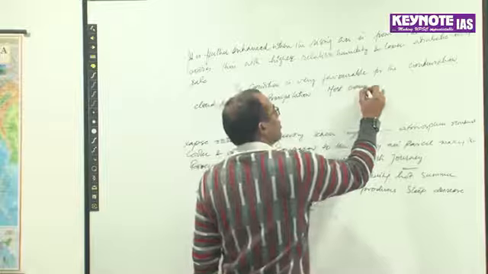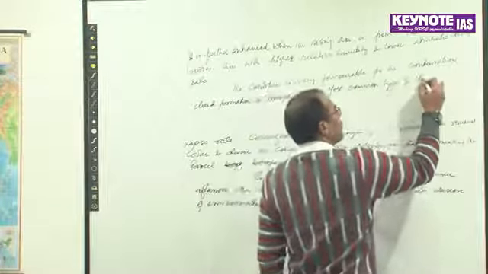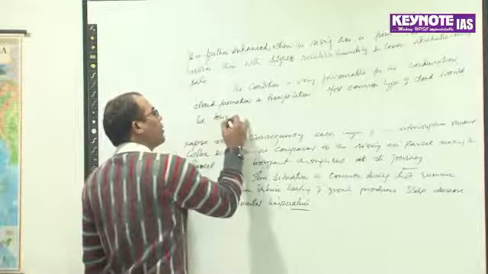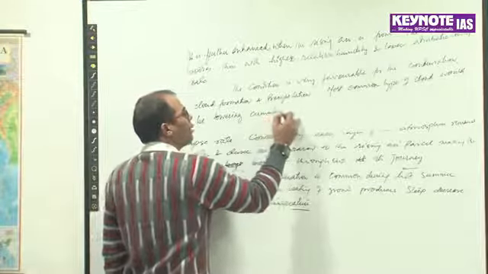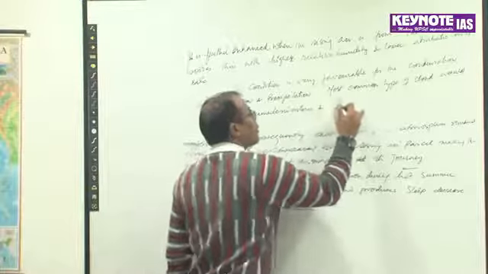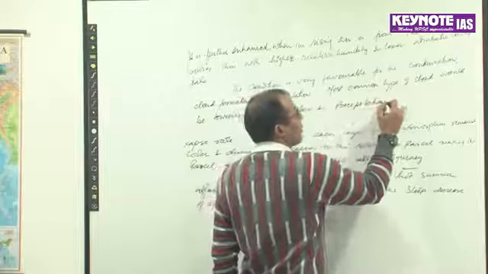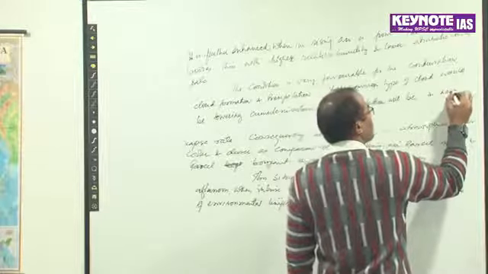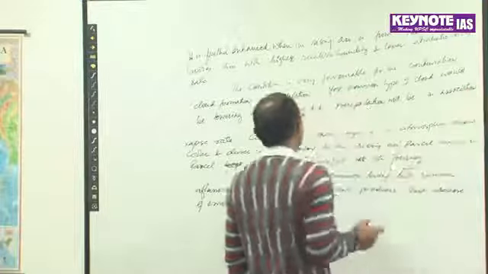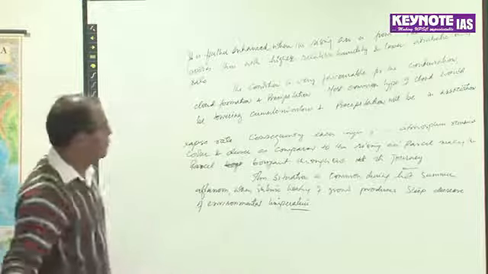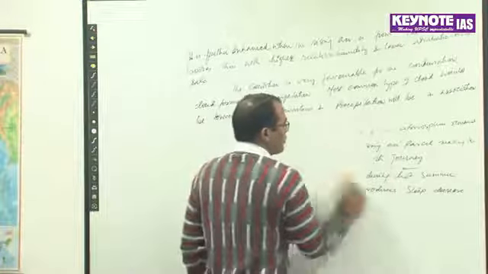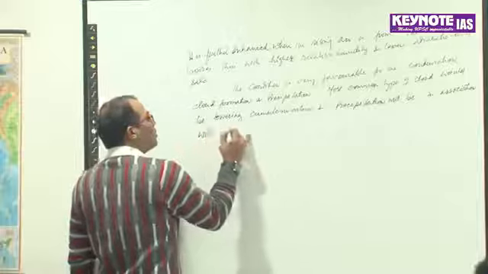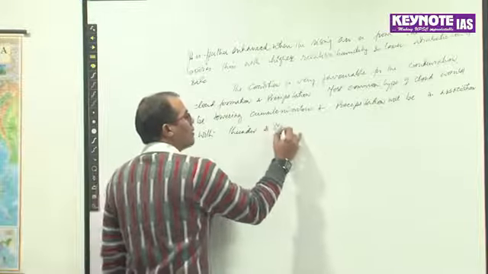Most common type of cloud would be towering cumulonimbus, and precipitation will be in association with thunder and lightning.